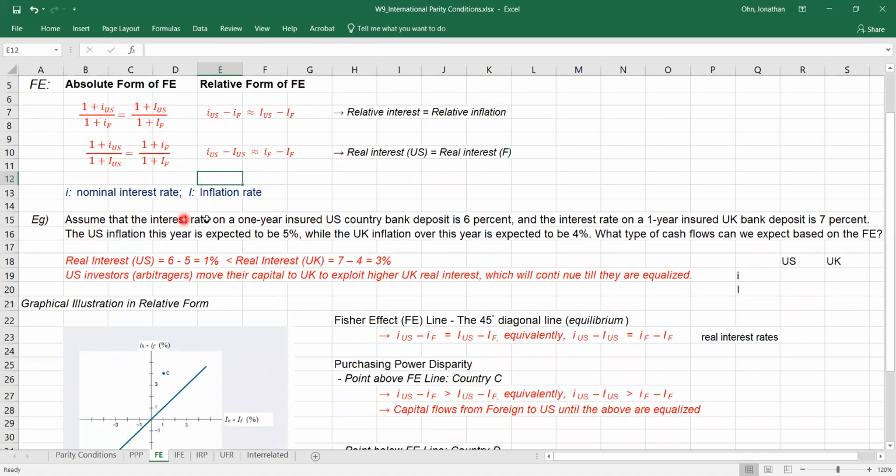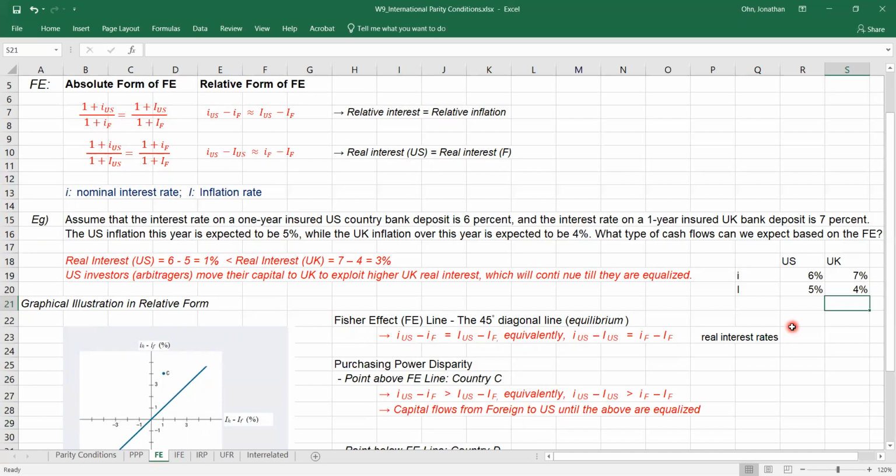Look at this. Assume that the interest rate on a 1 year insured US bank is 6%, but the UK interest rate is 7%. So interest rate is 6%, and this one is 7%. And then inflation rate: US inflation is 5%, and UK is 4%. Wait, is that right? Okay, so 1% for interest rate.